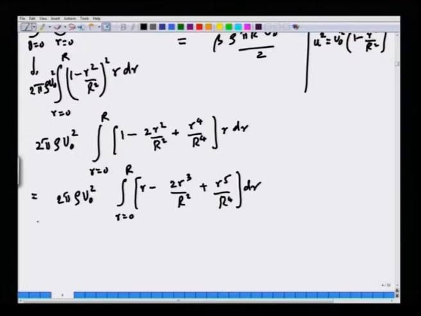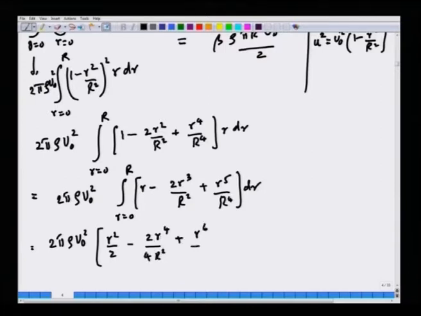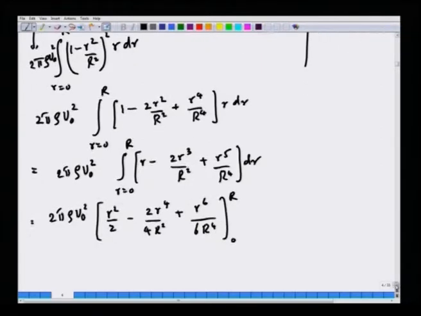If I integrate this, I get r squared by 2 minus 2 r to the 4 by 4 R squared plus r to the 6 by 6 R to the 4, with r going from 0 to capital R. If I do this, 2 pi rho u naught squared times R squared by 2 minus R squared by 2 again plus R squared by 6.